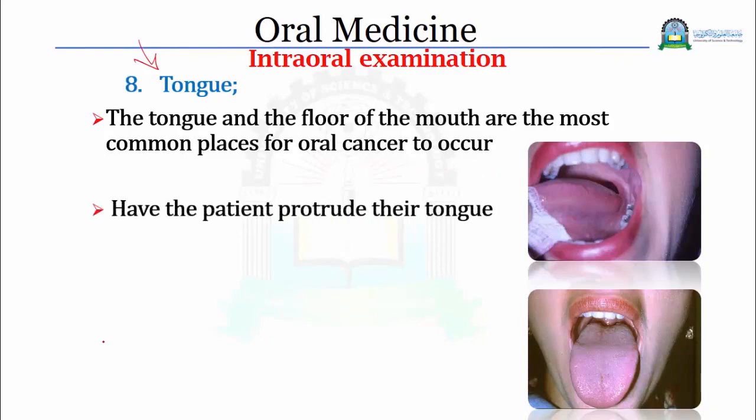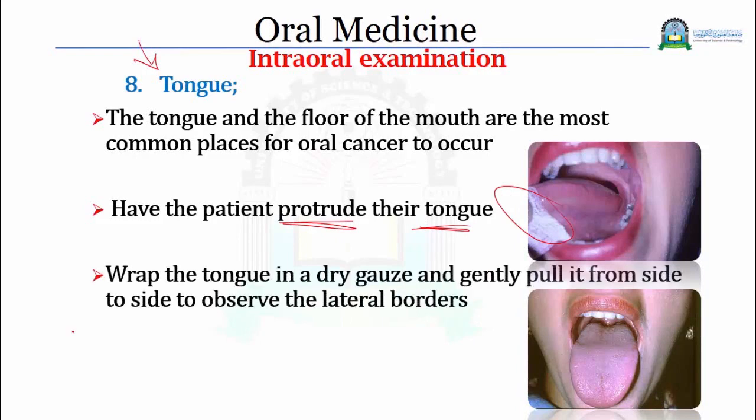Ask the patient to protrude their tongue. We may need to use a gauze to grasp the tip of the tongue and pull it outside. Wrap the tongue in a dry gauze and gently pull it outside the patient's mouth to observe the lateral borders.